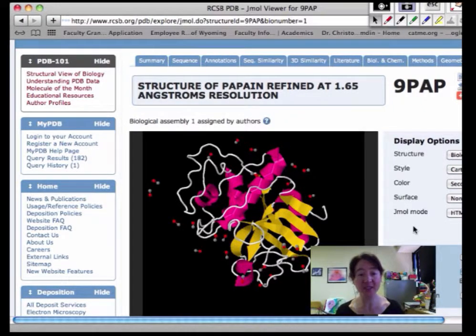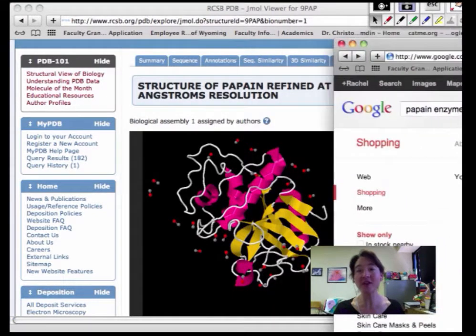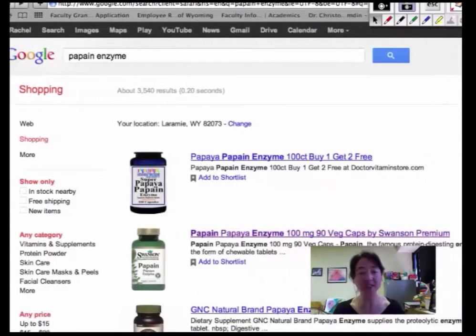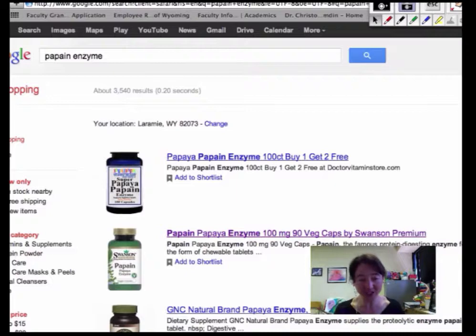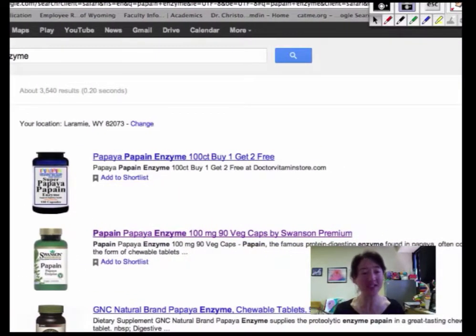One such purpose is obviously to help people who cannot digest their own protein. If you go onto Google, you will find hundreds of dietary supplements that you can purchase from various sources, ranging from Swanson to GNC. These are dietary supplements that help people who have a lot of trouble digesting their own protein.